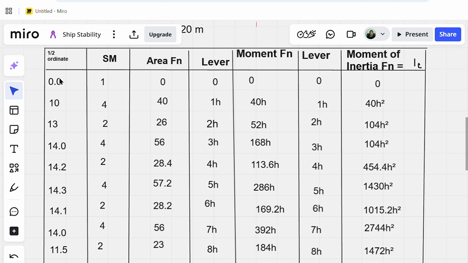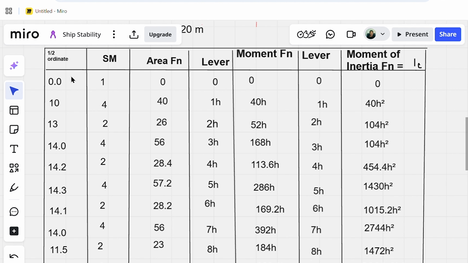So we write all the ordinates in exactly the same manner as given in the question, from aft end to forward, because rule number 1 is applicable. So Simpson's multipliers will be 1, 4, 2, 4, 2, 4, 2, 4, 2, 4, and 1.